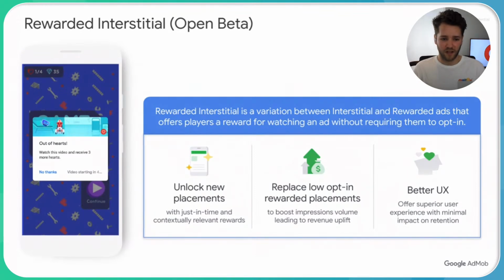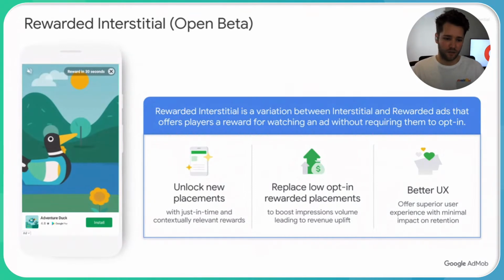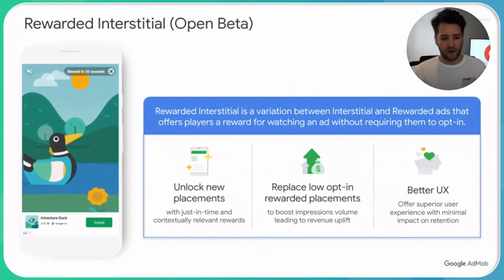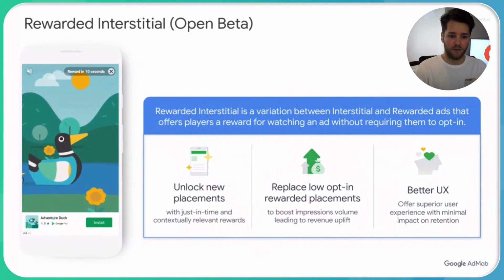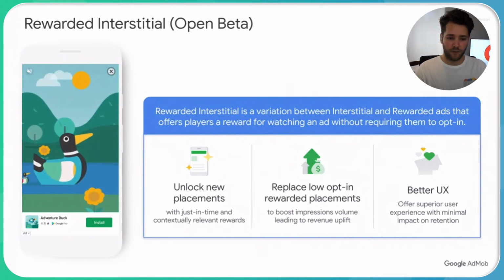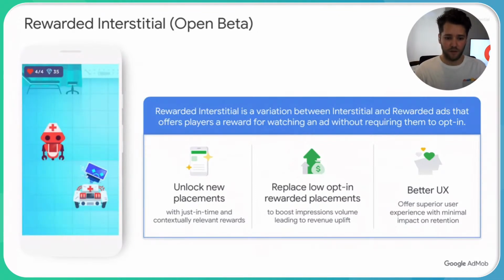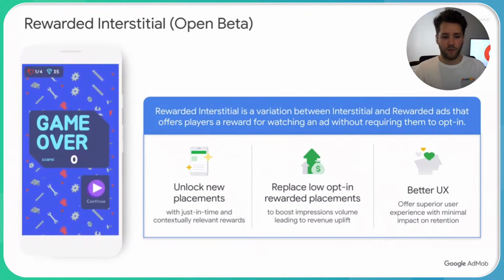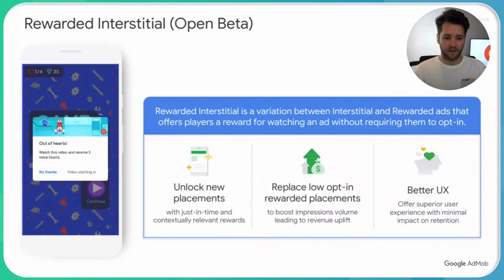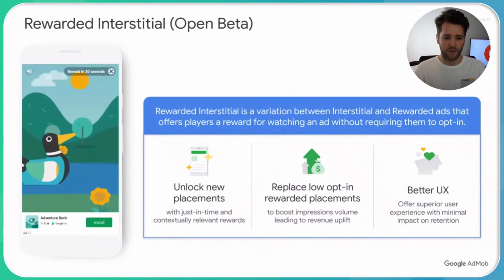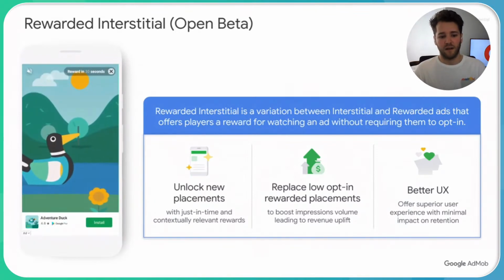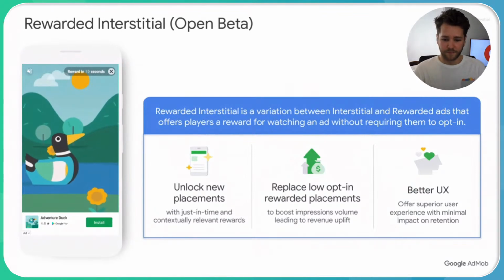This is really good for any games where you have an event where you can give a bonus to, for example, continue the level the user is playing at. So it's an additional option to change the user experience for some very specific rewarded type.